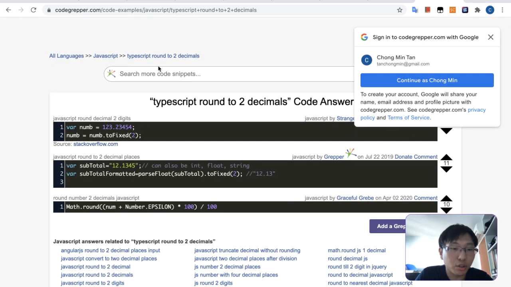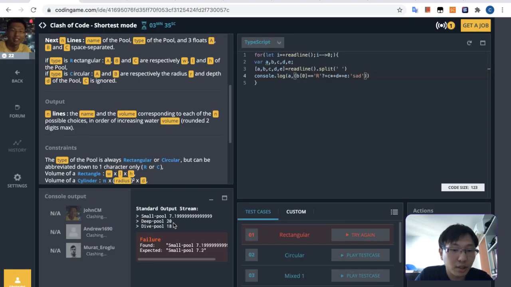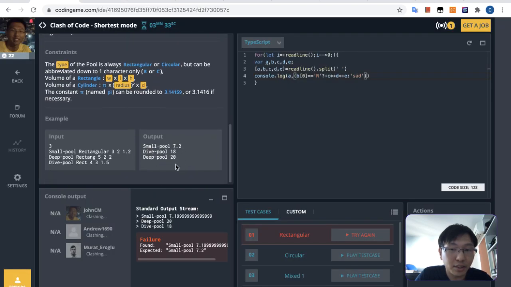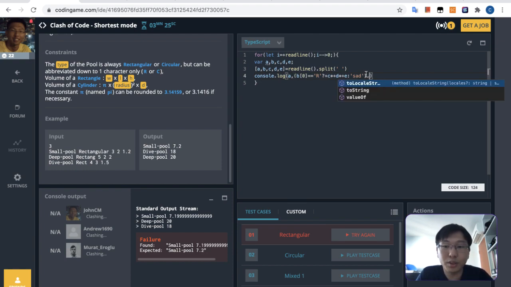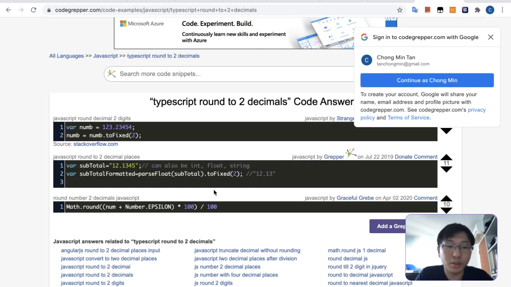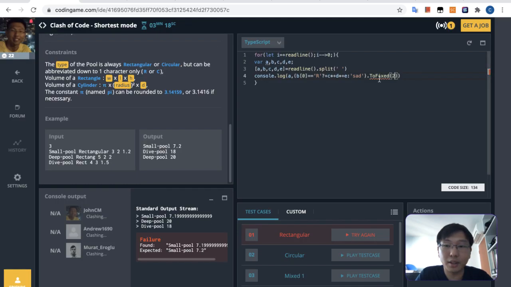I guess I'll use toFixed. But the issue is, if it's a whole number, then I shouldn't round it. So I only need to round it if it's not a whole number. If I were to do this toFixed, everything will be a whole number, so everything will be a rounded number, which is not good.